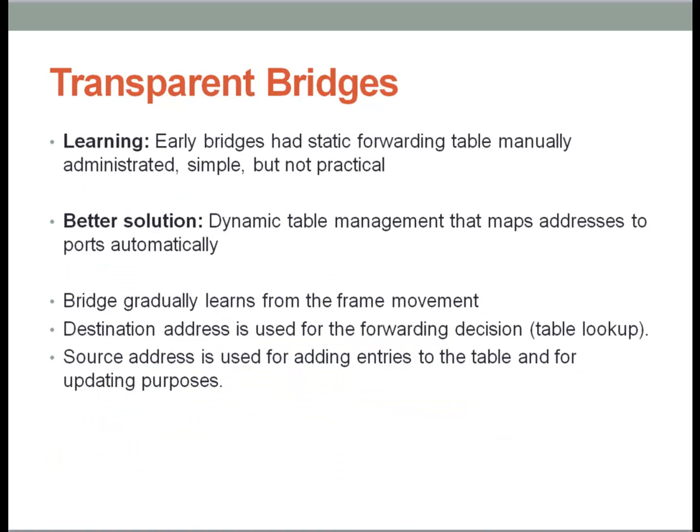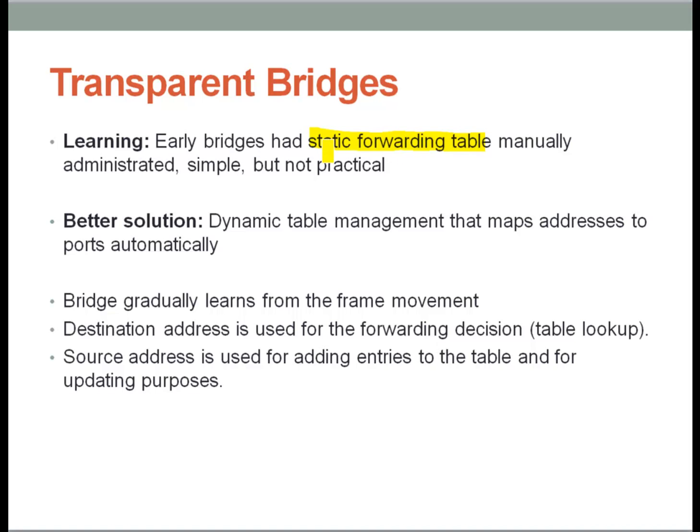So you can say bridges or transparent bridges, it is the same. What the bridge is doing, it is going to learn. It is going to create its own forwarding table. Or the administrator also can create it.